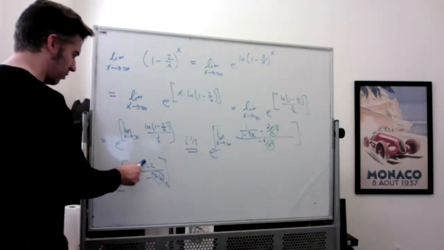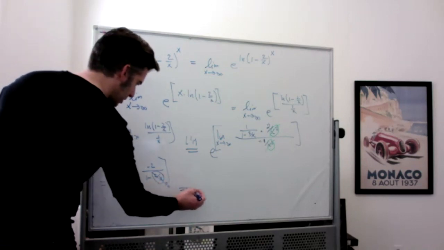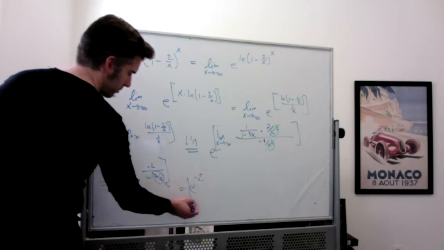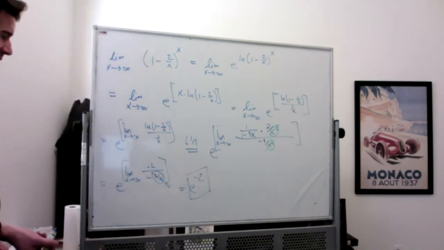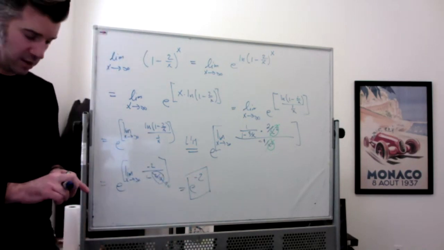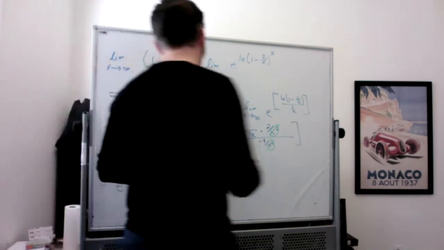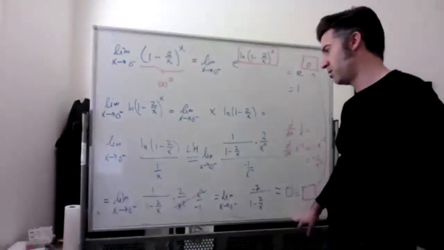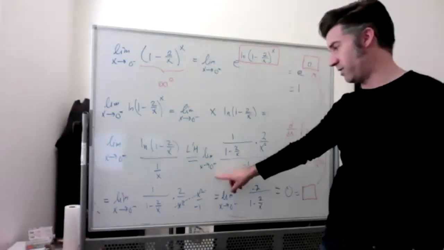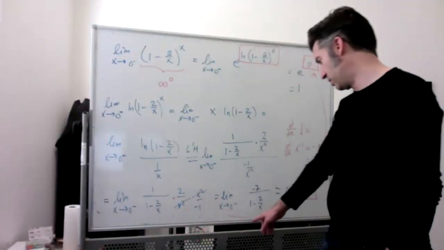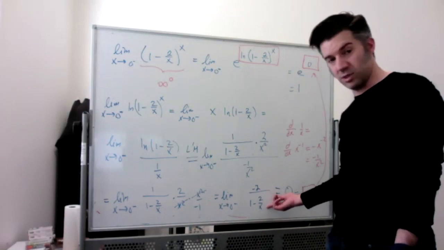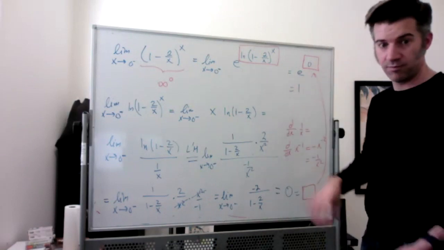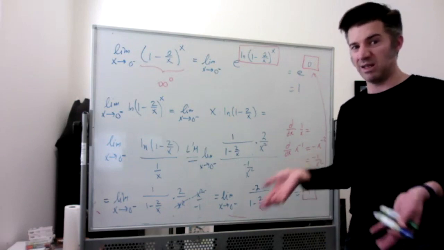And then negative 2 over 1 minus 0 is negative 2 over 1, which is negative 2, so we get e to the negative 2. So that's our answer in this problem. Really, we could have just subbed in a 0 for 2 over x here and seen that this is going to be negative 2 over 1 minus 0, which gives you negative 2, and then you get e to the negative 2. Same work, just written slightly differently.